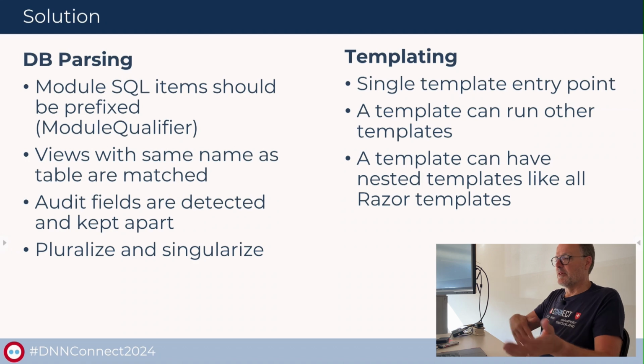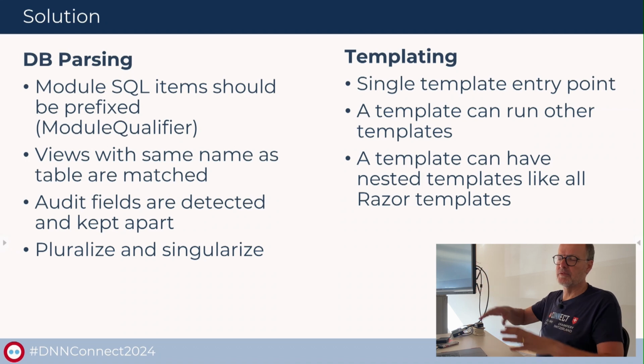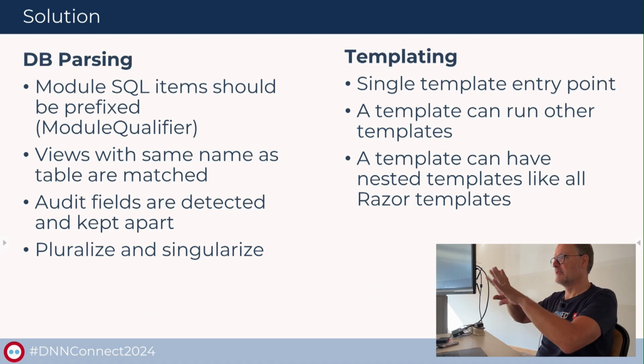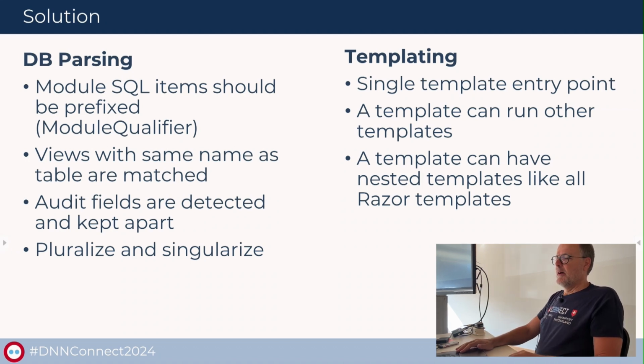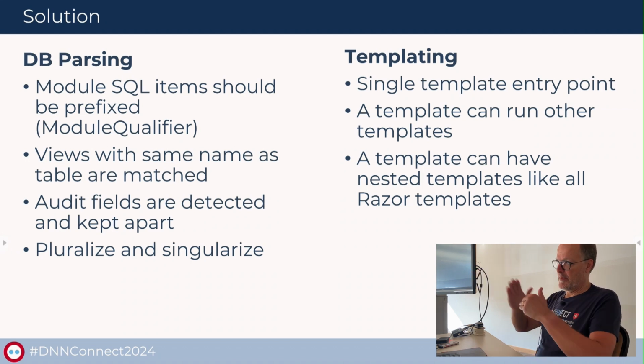So, in DB parsing, what I do expect is that, of course, in a module, I would always prefix my module with a certain string to make sure that that's all separate from the rest of the tables of DNN. If I have a view, I will match the names.